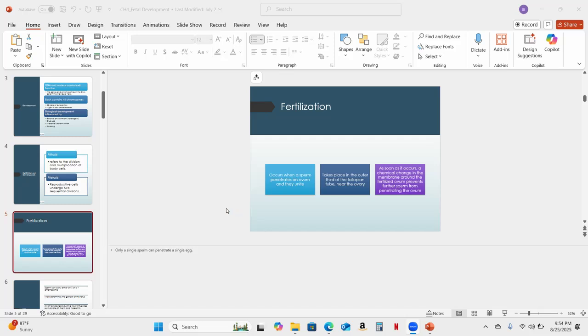Okay, so when the sperm fertilizes the ova, then a protective layer goes around it so that no other sperm can fertilize it.